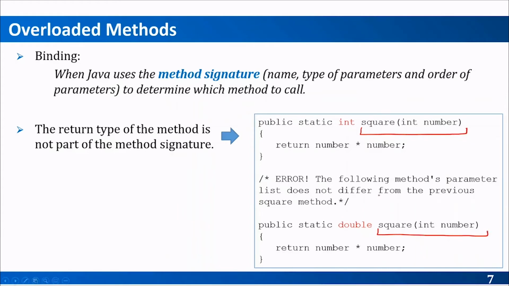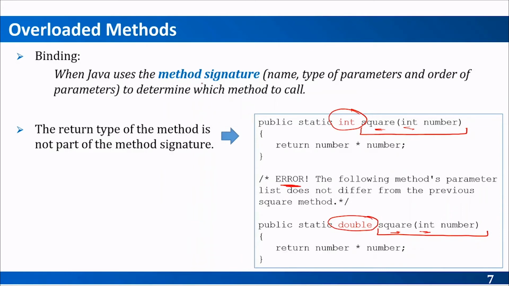Now notice here that we will get an error. Why? Because here, this is called square, this is called square. It takes int as an input, this takes int as an input. Now, even though this is an integer and this is returning a double, Java doesn't care, it's always going to give you an error about this. Why?